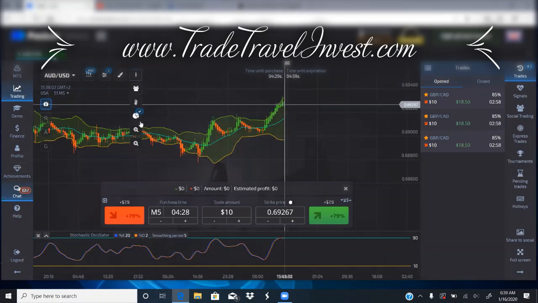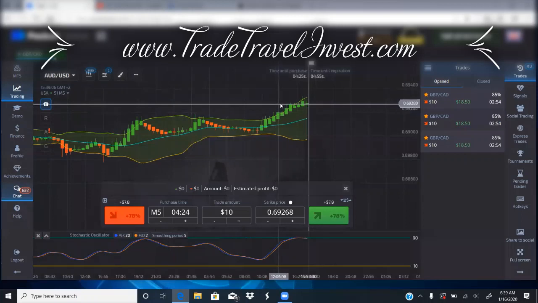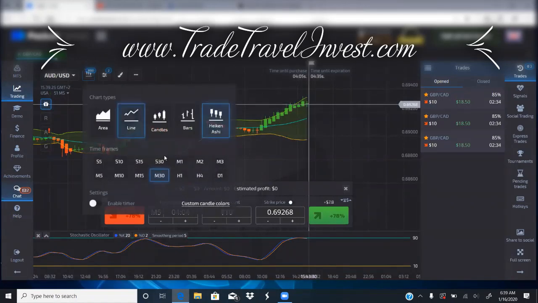I'll zoom in here for you guys. This is what a doji candle looks like. It's just a small body with a wick on each side, showing that price is undecided on which direction it wants to go. It shows us that price was rallying up for a while, now it's getting exhausted, getting ready for that reversal to happen.